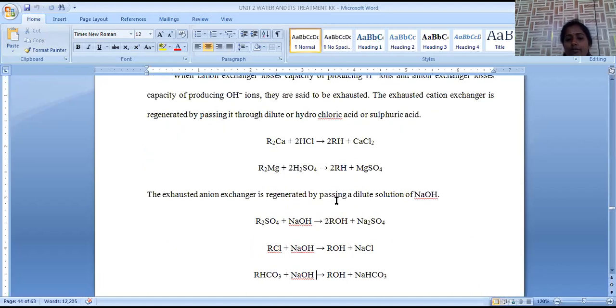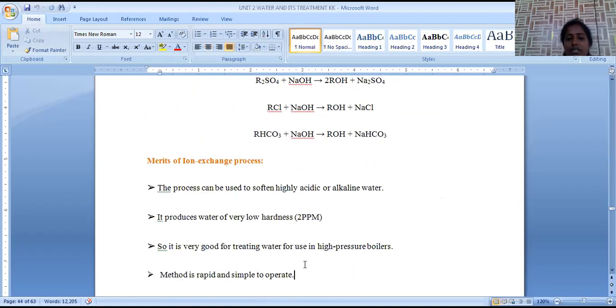Whereas when anionic resin is in the form of resin sulfates, resin chlorides or resin bicarbonates, these are treated with dilute sodium hydroxide, so that anionic resin is retained, and discarded as sodium sulfate, sodium chloride, and sodium bicarbonate, because we are replacing these ions with OH minus ions. So this is about regeneration.